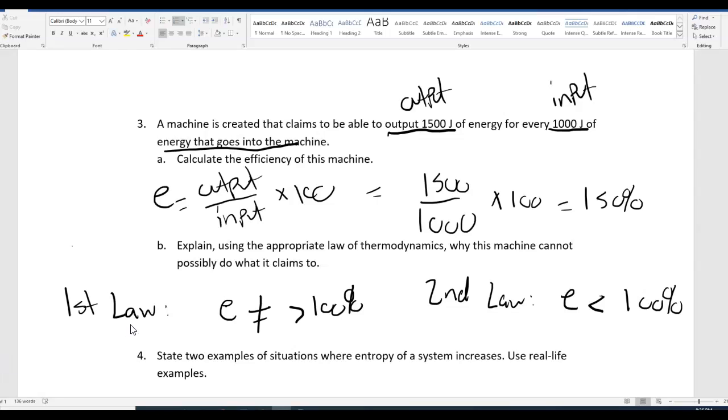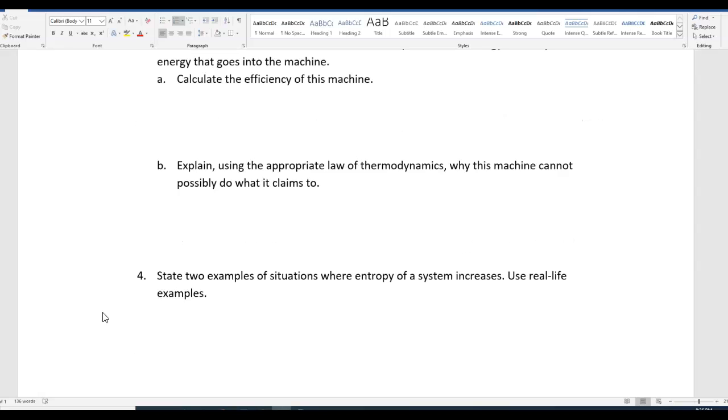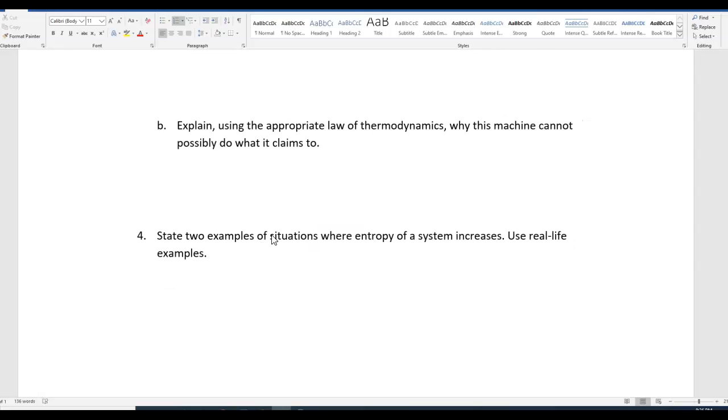Okay, and then question 4 says, state 2 examples of situations where entropy of a system increases. Use real-life examples. Okay, so here's 2 examples. First of all, I drink bottled water, and I add flavor mix to my water, like cherry or strawberry or whatever. I just put a couple squirts in the water bottle and I shake it up.